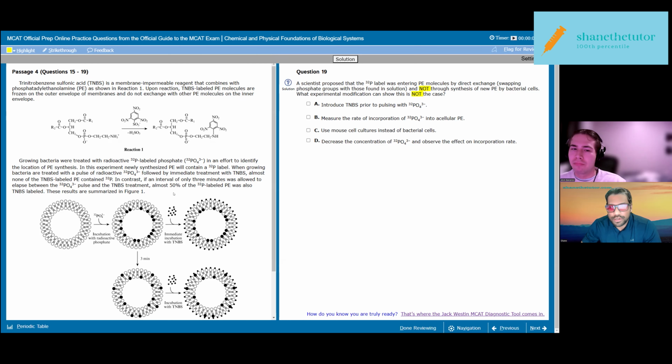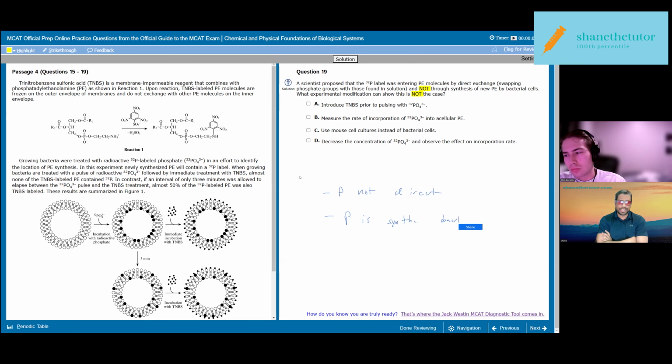We want to show either that it is not through direct exchange or that it is synthesized by bacteria.